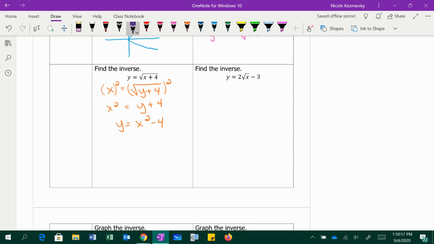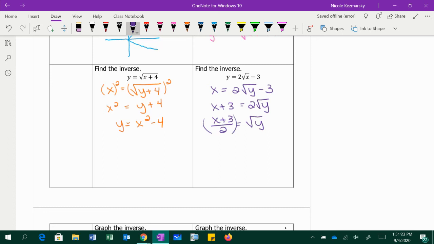Last example on inverses, I'm going to say x equals 2 square root of y minus 3. I'll add the 3 first because it's not under the square root. So we'll say x plus 3 equals 2 square root of y. I'll divide by 2. So (x plus 3) over 2 equals square root of y.